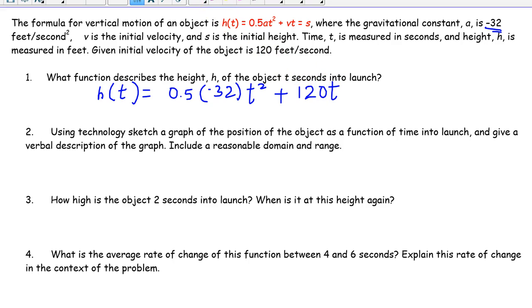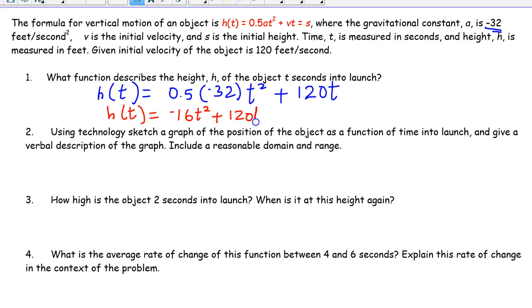Okay, now simplify to give h of t is equal to, what is 0.5 times negative 32? 0.5 is nothing but 1/2. 1/2 of 32 is 16. So with the negative sign, positive times negative is negative: negative 16 t square plus 120 t.